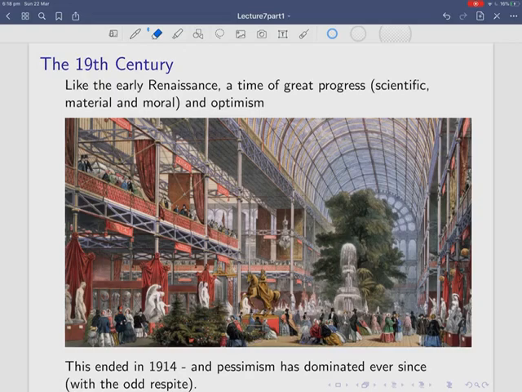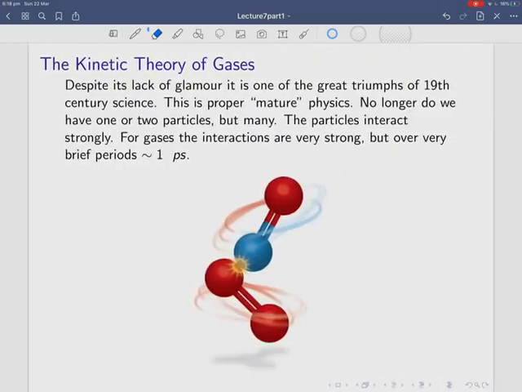However, this period came to an end when the First World War began, and since then, pessimism has dominated the world. With the odd respite in the 1920s after the First World War, things were getting better. In the 1950s, after the Second World War, things were also optimistic. But generally, the attitude of human beings has been very pessimistic since then.